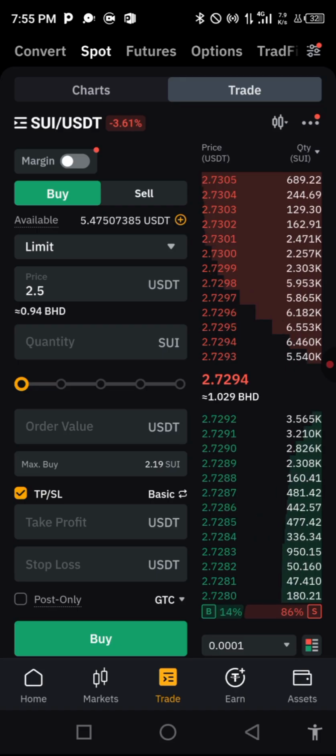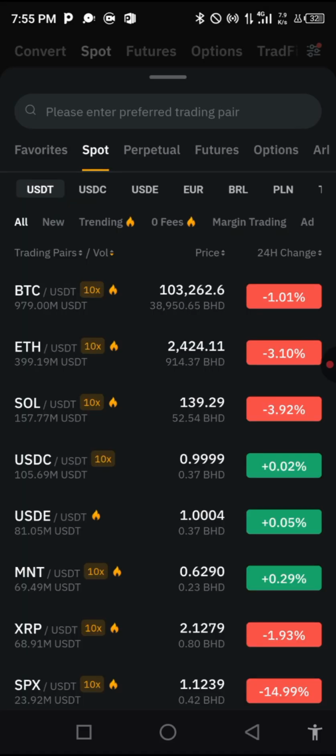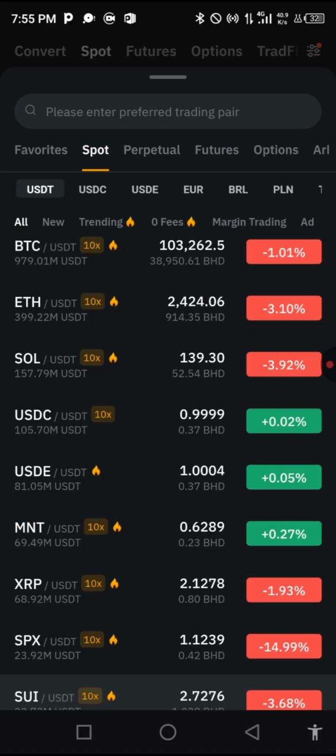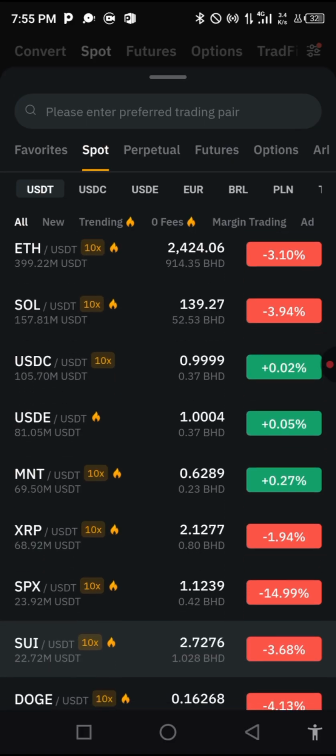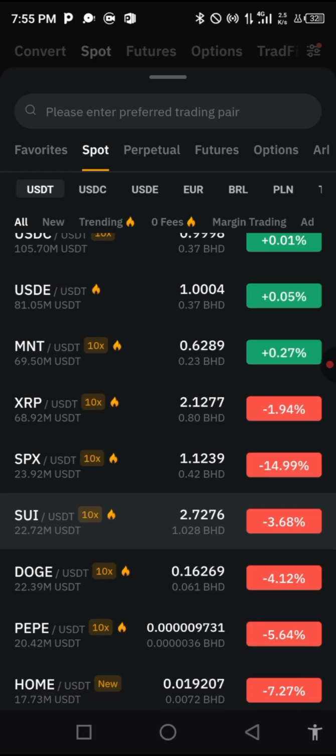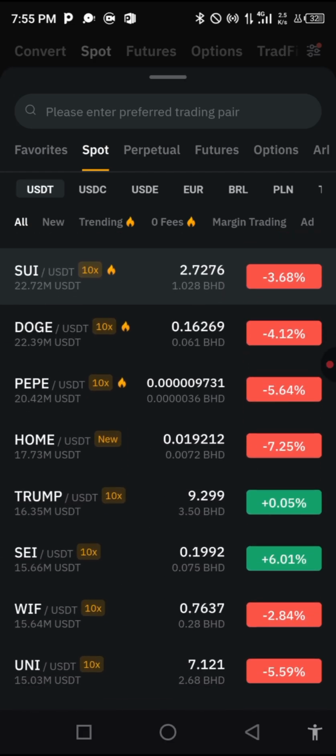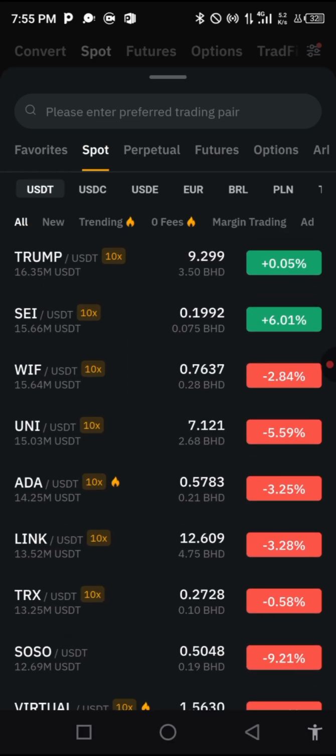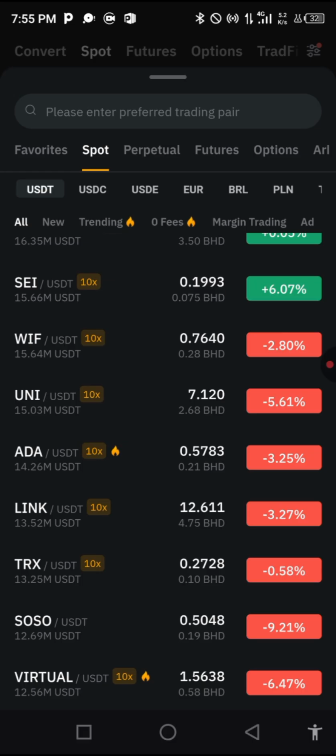Let's assume that I want to buy another asset, right, at the market price. This one is going to be market price, so that we can execute it immediately. All right, so let's check what we should buy, the kind of coin we should buy. Let's check. All right, which coin actually has utility? I think we should go with ADA, right?